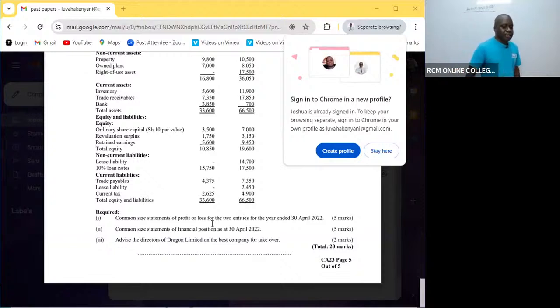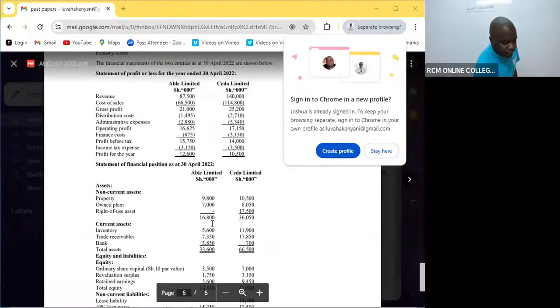So a common size statement with regard to vertical analysis, to see how the performance is occurring in these entities with regard to the base, which is the sales, and of course the total assets, the total current liabilities and equity.